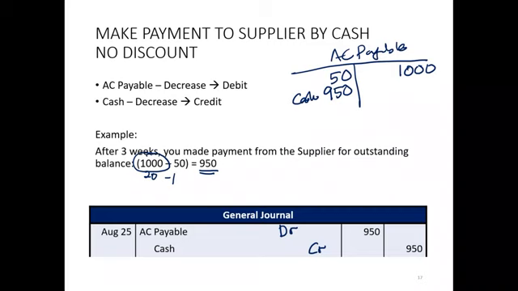Debit account payable means reduction of liability, and credit cash means reduction of cash by 950. So this is transaction number 6, payment to supplier by cash, no discount given.